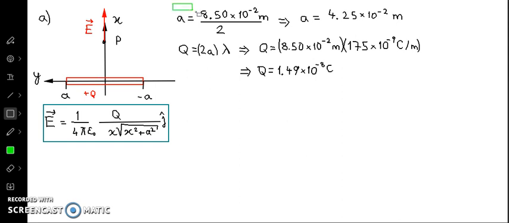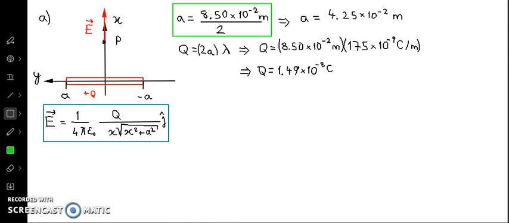So first I'm calculating the value of A, that's half of the length of the wire. The length of the wire is 8.5 centimeters. A is then equal to 4.25 centimeters, or 4.25 times 10 to the power negative 2 meters.